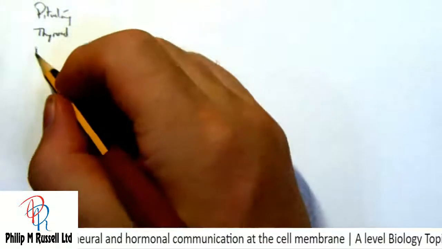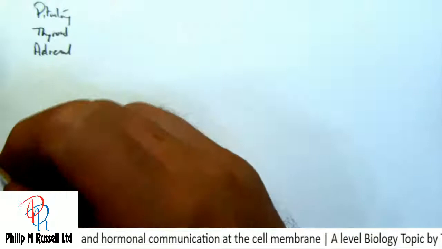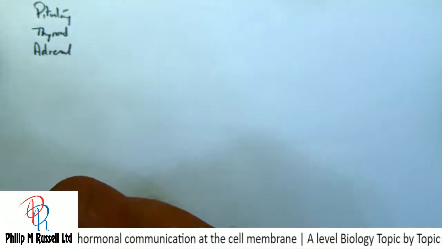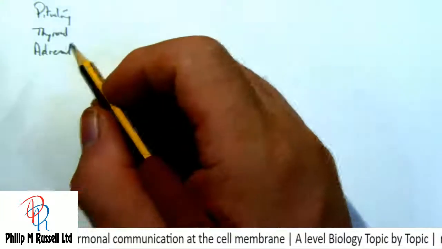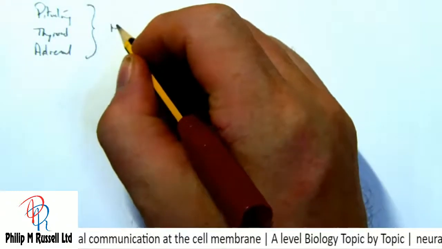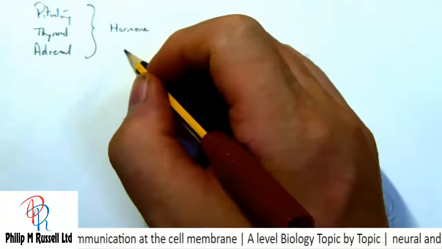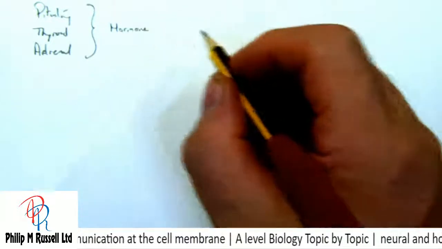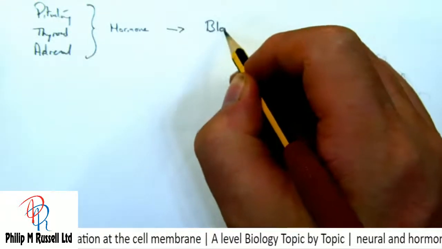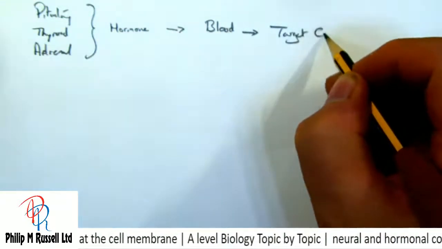We've got the adrenal gland producing adrenaline, which is going to, these are all affecting multiple types of cells. So all of these are going to produce a hormone of some description, which is basically a protein, and this hormone will travel around the bloodstream to its target cells.